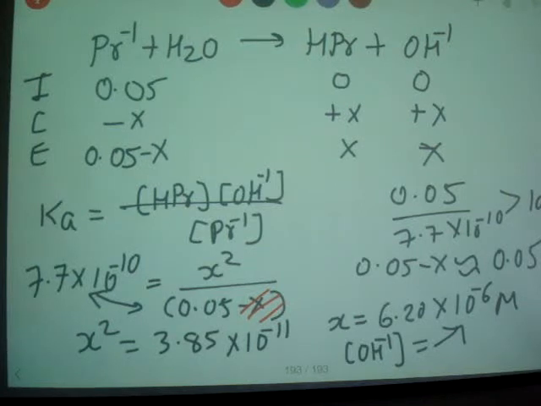Now we have the OH minus concentration, so we can find out pOH, which is 5.21, and pH, using the equation, you can solve it: 8.79. So that's how you calculate the concentration and then the pH and pOH of this acid-base titration.